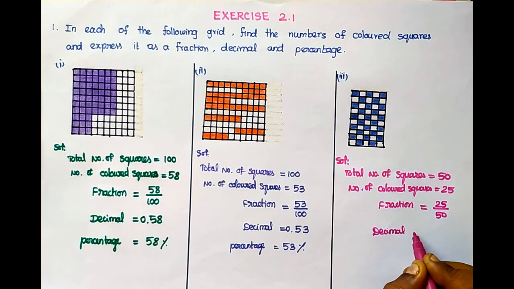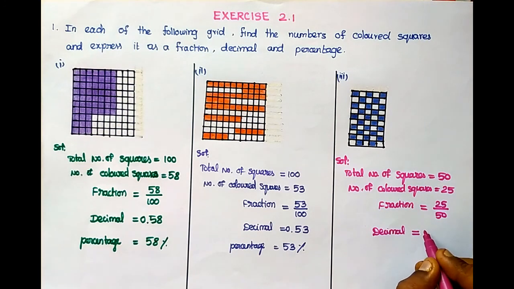Now decimal. 25 by 50. We have to convert it into 100, so what number do we have to multiply? 2.